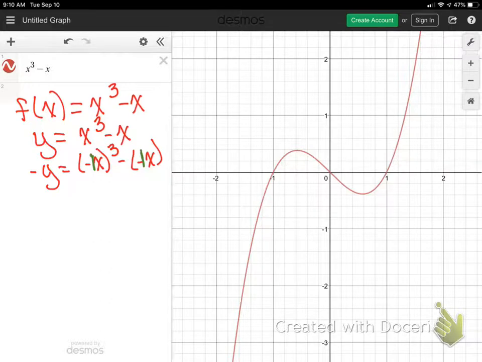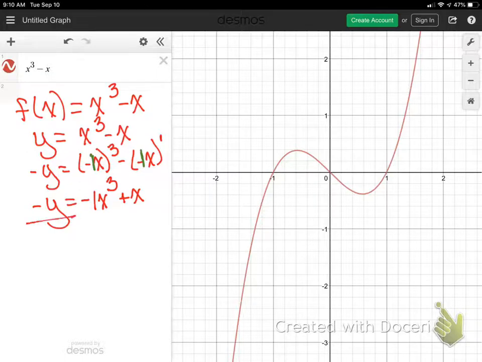So let's look at that. I'm going to leave my negative y as negative y. Negative 1 to the third power is what? Negative. Negative 1 times negative 1 times negative 1 is going to leave me with negative 1. Then I still have x to the third power. Then I've got minus negative 1x. That's to the first power, so I leave that the same. But I do have to eliminate this double negative, right? Okay, so I have negative y equals negative 1x to the third plus x.